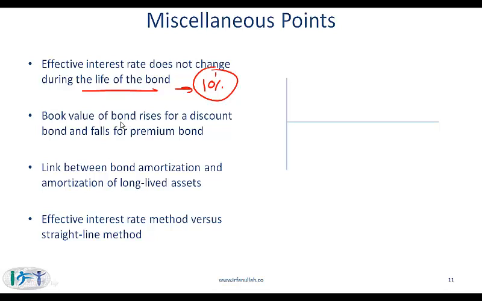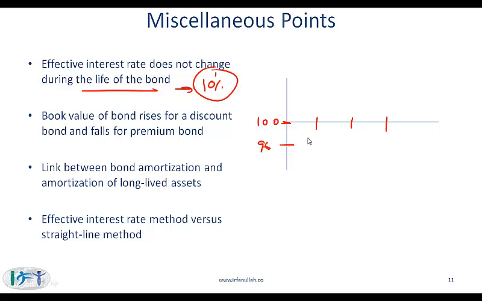Another point is that the book value of a bond rises for a discount bond and falls for a premium bond. And hopefully you saw this. If we look at a timeline, and let's say that this value here represents par, if I issue a discount bond, will I issue it at a price of 100, more than 100, less than 100? It will be less than 100. Let's just say for simplicity that I issue the bond at 96. This is a discount bond, and this is a 3-year bond.